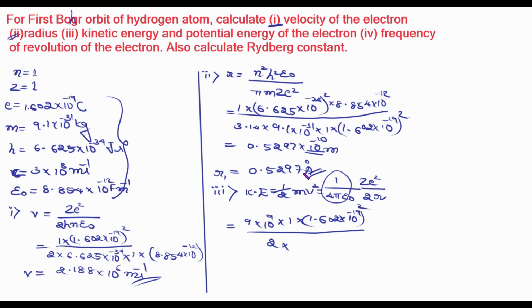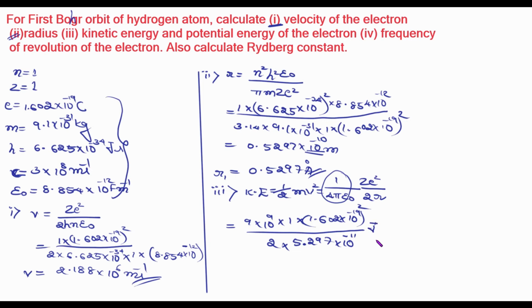which is 0.5297 into 10 to the power of minus 10, or 5.297 into 10 to the power of minus 11. If the point shifts this side, you will get 10 to the power of minus 11. So this is in terms of joule.